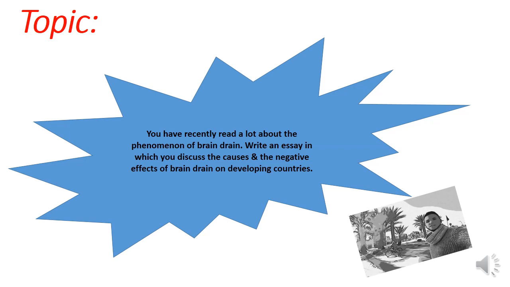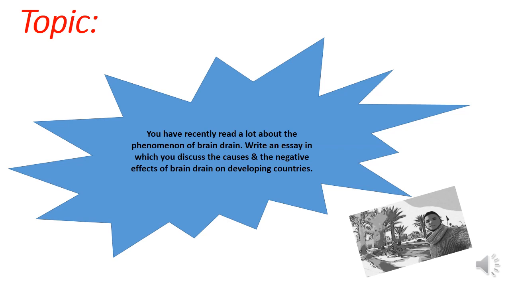We're going to focus on this today: how to write a cause and effect essay. We are going to follow different steps, and at the end your task is to write. The first step is what we call the topic. So what are we going to write about? Let me read it for you. You have recently read a lot about the phenomenon of brain drain. As we know, brain drain is an issue.